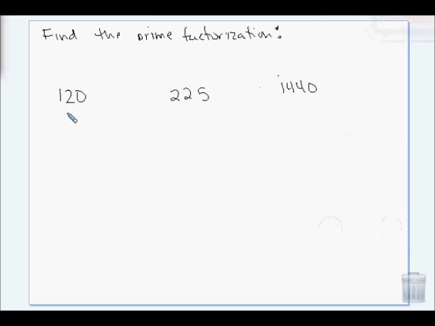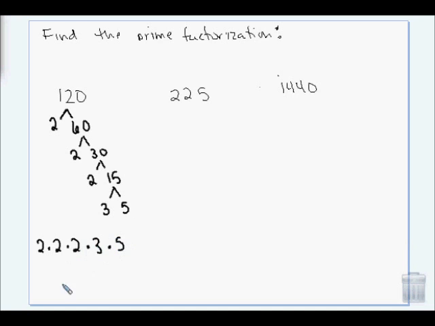Prime factorization. Make a factor tree. Okay, so the prime factorization is the end of all the branches. So you have 2 times 2 times 2 times 3 times 5, right? Or with exponents, 2 to the third, because there are 3 2's, times 3 times 5.